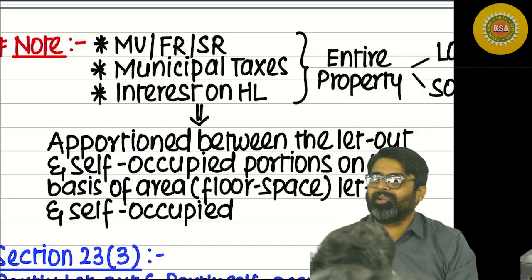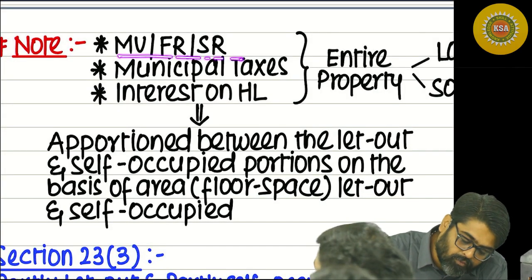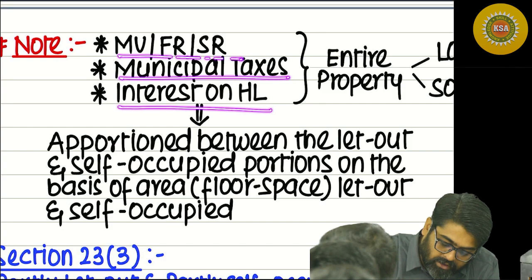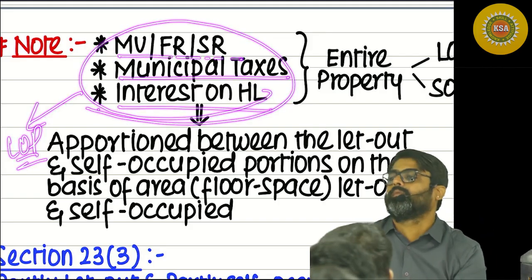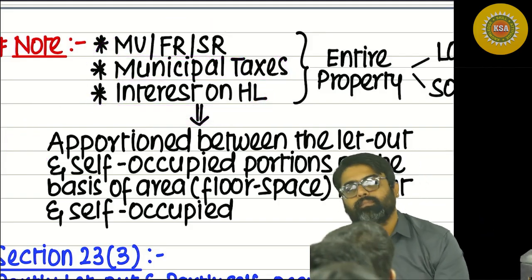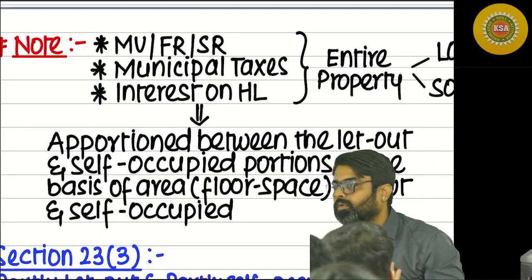But the examiner sometimes becomes smart. The examiner will tell you municipal value, fair and standard rent, municipal taxes or interest on housing loan only for LOP. Meaning that now apportionment also you are not supposed to do.